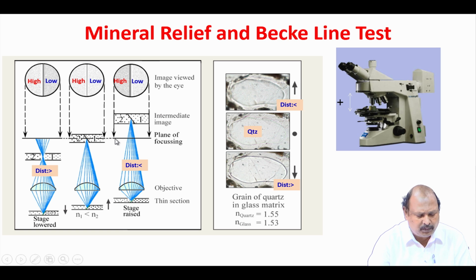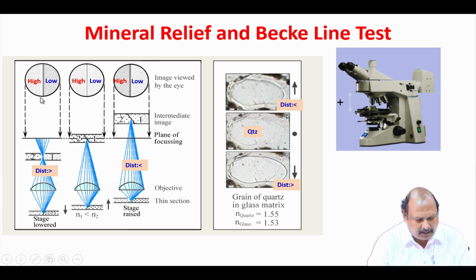Now, we can do two things here. One is that you can lower the stage. If this is the microscope stage, this is the objective lens, and this is the position of the mineral, then if you lower the stage, you increase the distance between the objective lens and the mineral. So, you increase the distance, then what will happen?